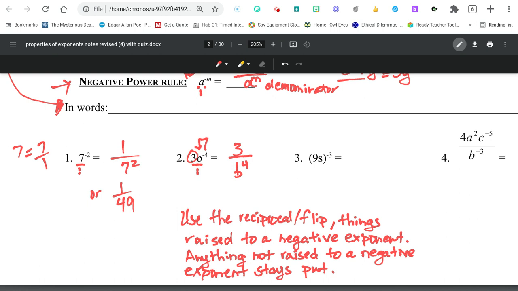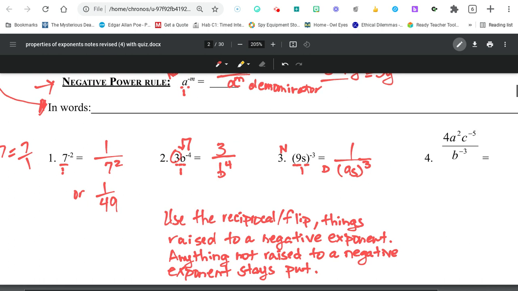All right, this whole thing is raised to the negative third power. I know that because it's in parentheses. So I'm going to move this whole thing from numerator to denominator. And if the whole thing was raised to the negative third power, the whole thing will be raised to the third power when I move it to my denominator. So keep it in parentheses.